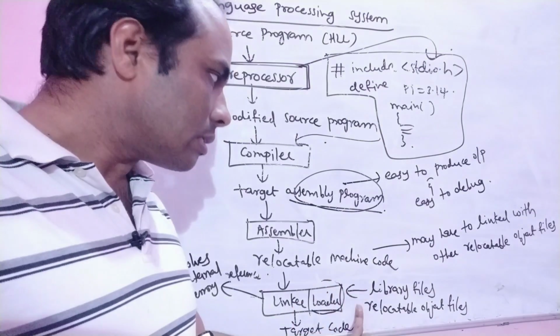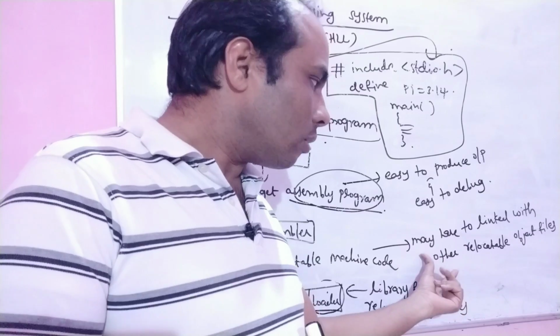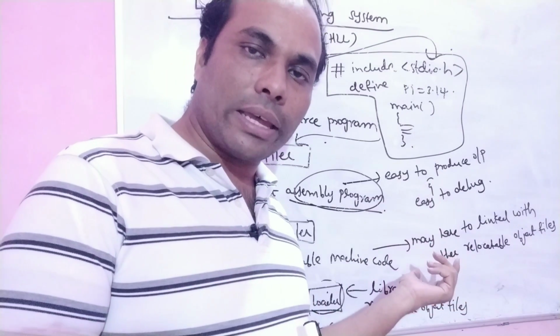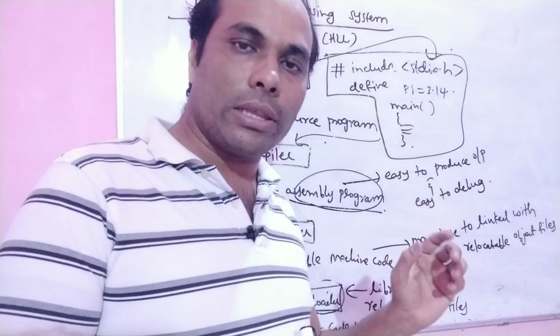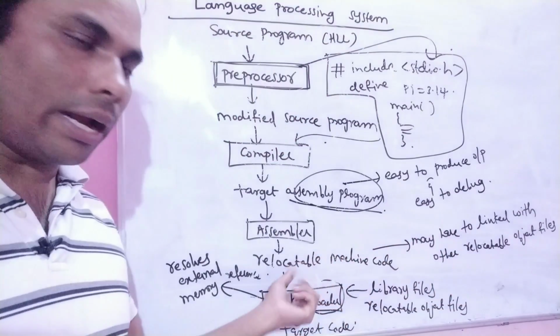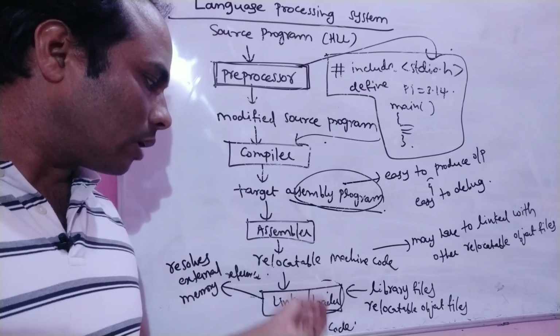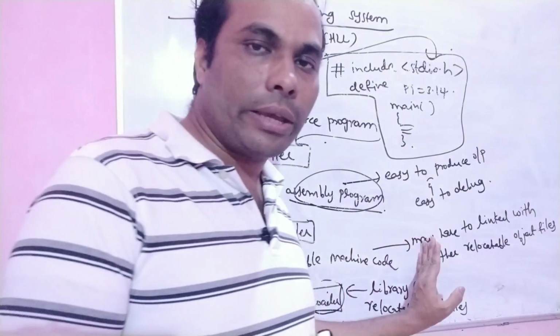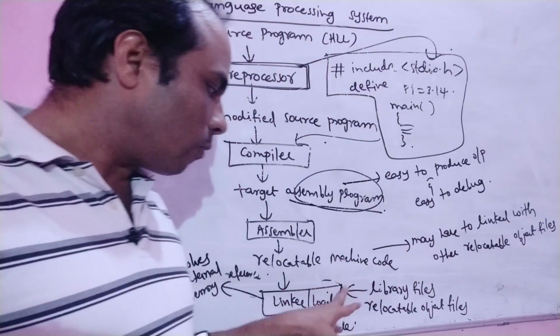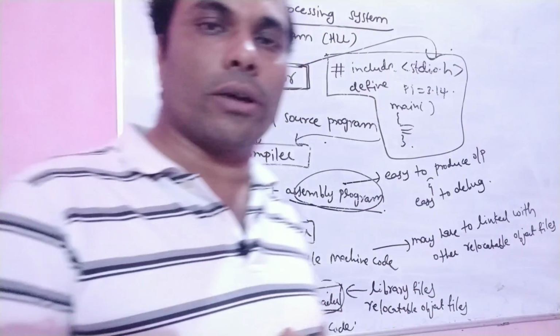The role of the linker is to link whatever object files, library files, and relocatable machine codes are there, and generate one executable file. The executable file you load into the memory. Finally, from the executable file you get the target code.